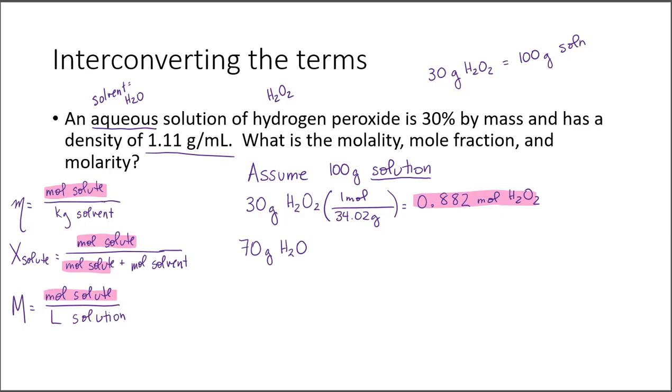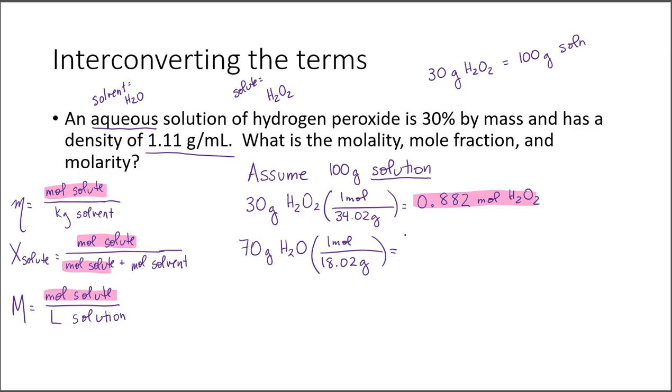Let's convert 70 grams of water. That's the solvent. So the solvent is water. The solute is hydrogen peroxide. And the solution is both of them together. So let's take 70 grams of water. There's 18.02 grams in every 1 mole. Wait a minute. What am I doing? I want that eventually. All right.